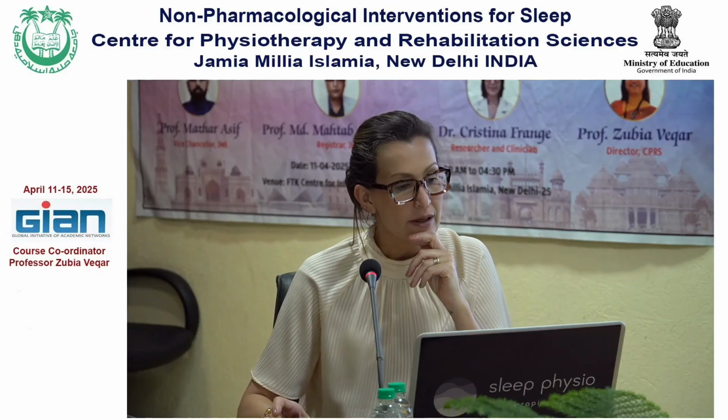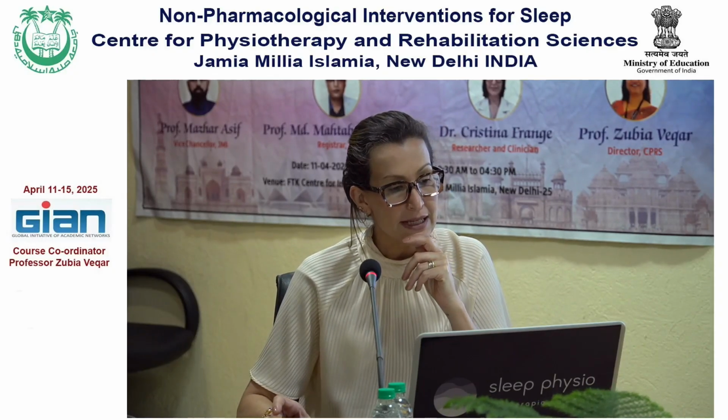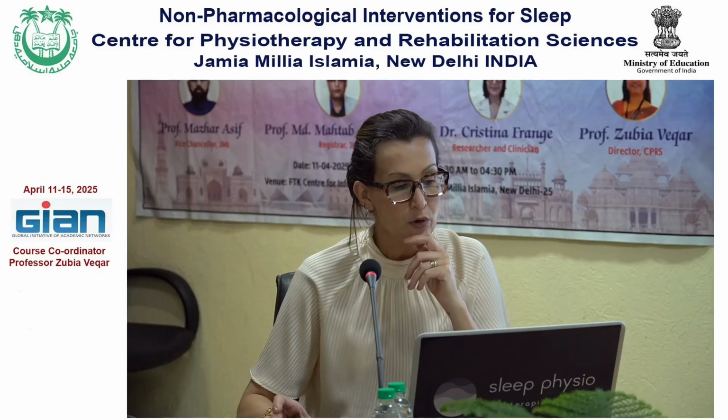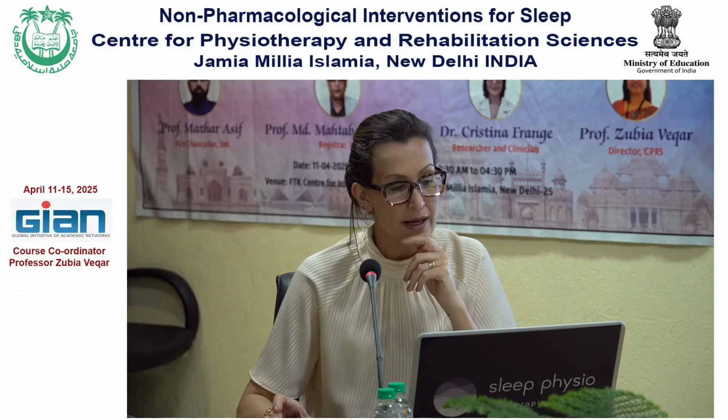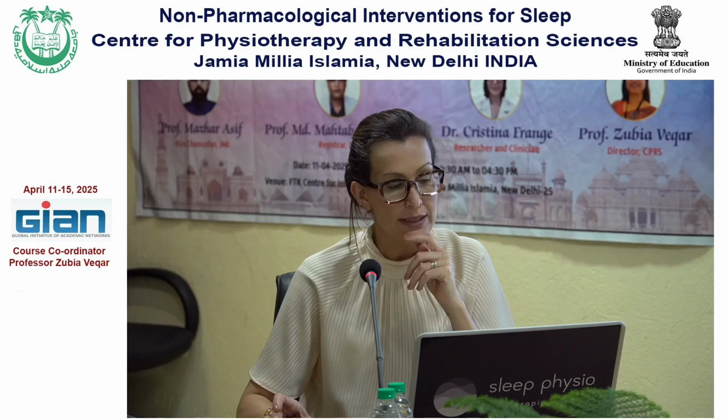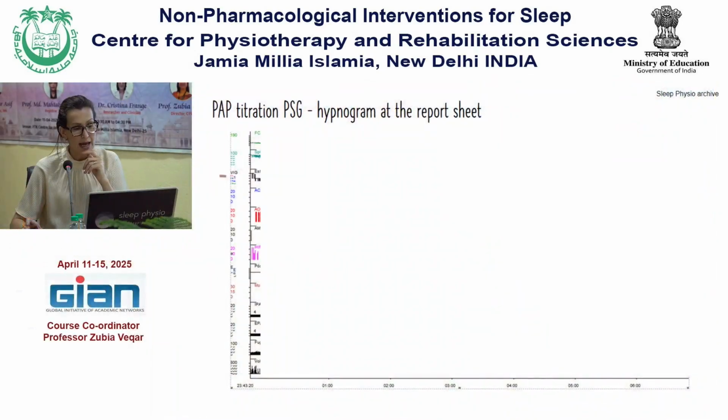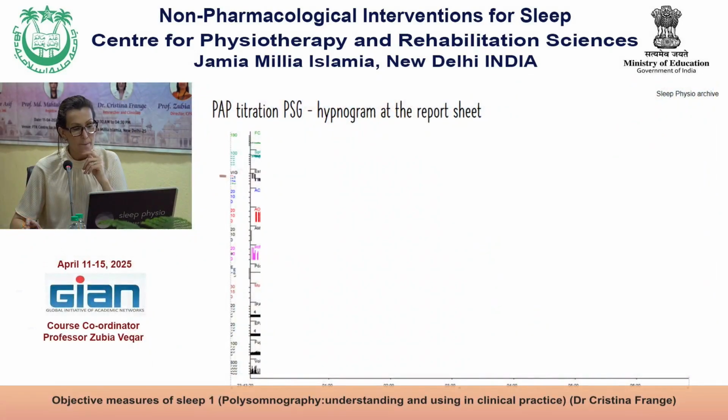So you see here, you have the heart rate, the saturation, the hypnogram, central apneas, obstructive ones, mixed ones, hypopneas, posture, leg movements, and here start to show a pressure.